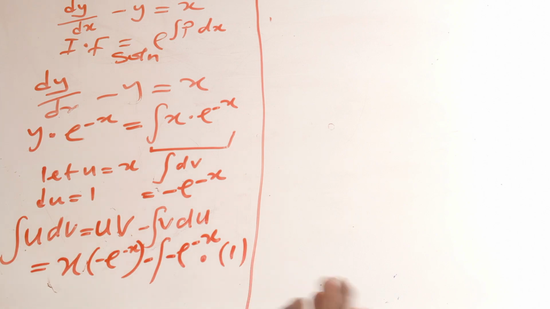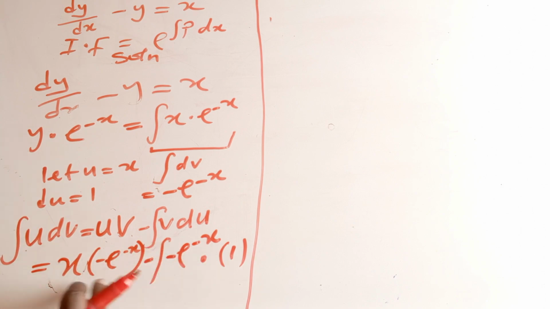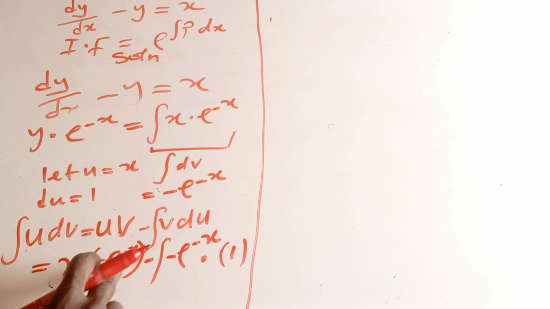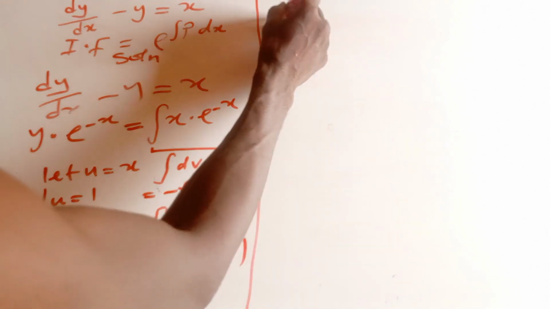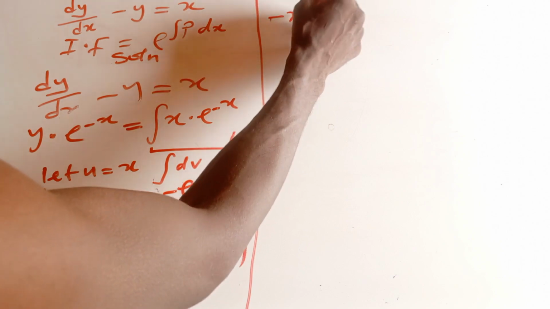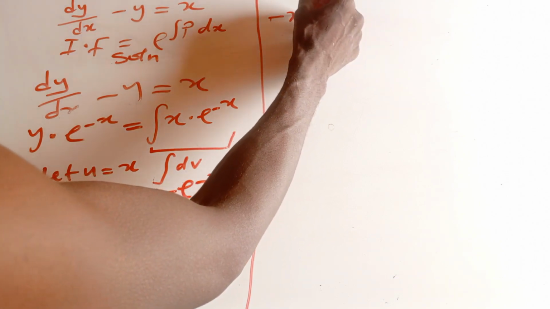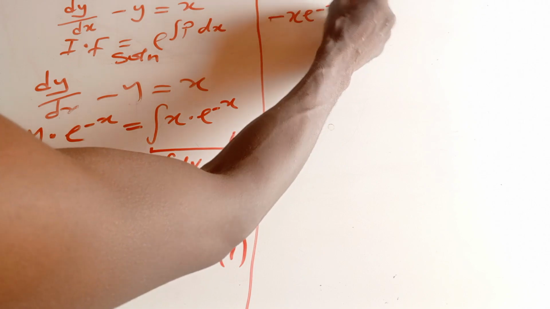The next thing to do is to simplify the bracket. Multiplying x times exponential minus x, we have minus x exponential minus x.